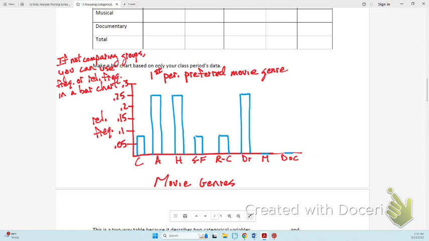You don't have to make lines there, just showing I looked at it. And that's it for a bar chart.